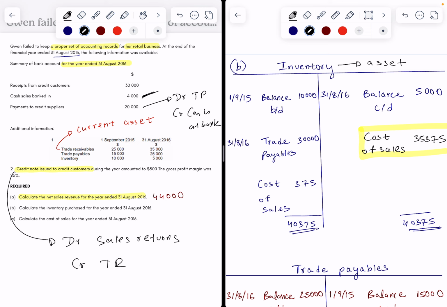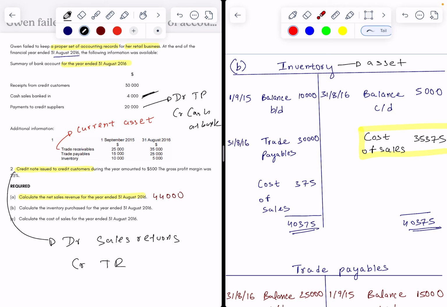So this means that on the debit side, we would first record the opening balance at 1st of September 2015, which is balance brought down of $10,000. And then on the credit side, we are recording at 31st of August 2016, the closing balance of $5,000, which is balance carried down. Okay?